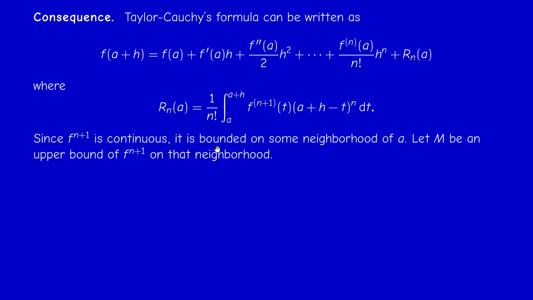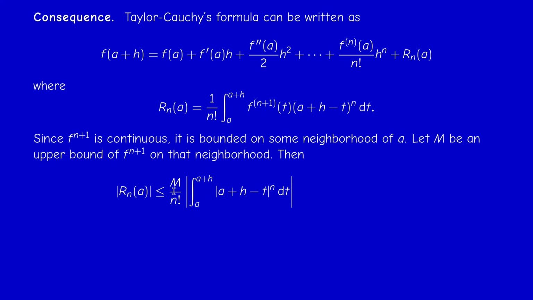And when we take absolute values, the absolute value of the remainder is less than the integral of the absolute value, but I put absolute value again around the integral because h may be negative, right? So h could be positive or negative. So this means that this is the integral from a to a plus h if h is positive, and the integral from a plus h to a if h is negative. Okay?